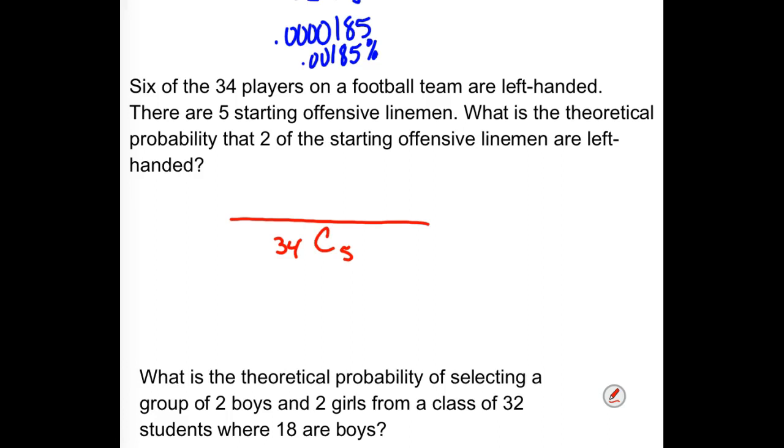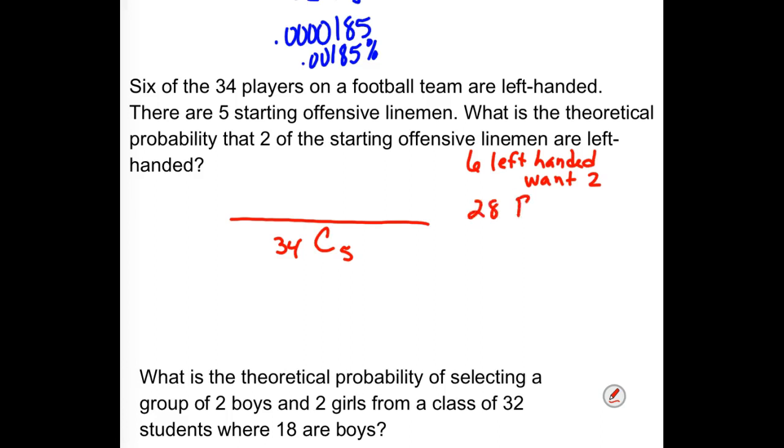What makeup do we want for that group? Of those 5 players, we want 2 of them to be left-handed? Okay. So, how many left-hand kids do we have? And we want 2 of those? So, how many are right-handed? 34 minus 6.